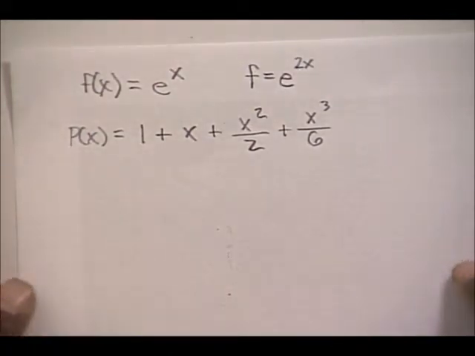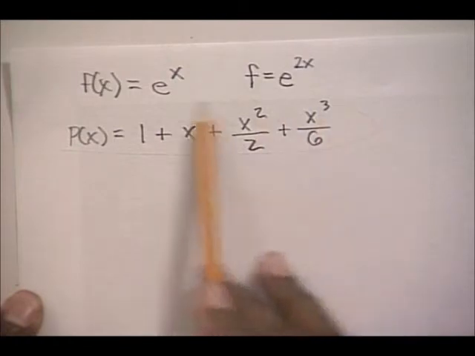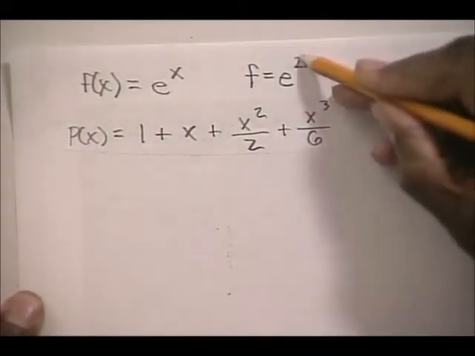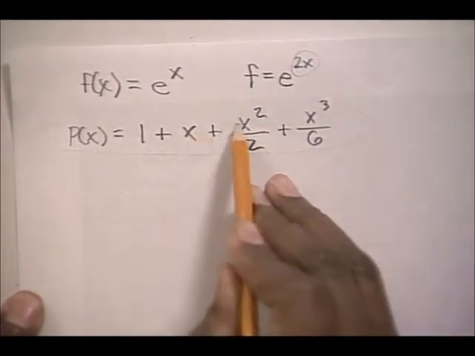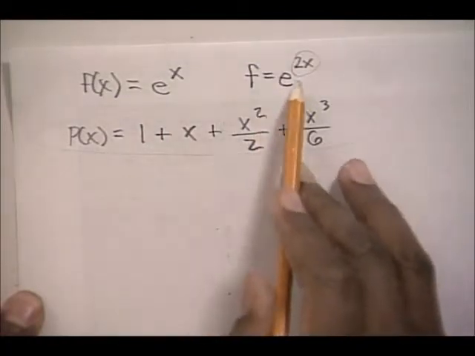What I'd ask you to do is see that we've already done a Taylor series for e to the x. So what you would do here is just substitute the 2x wherever you have x, and that's going to represent an approximate Taylor series for e to the 2x.